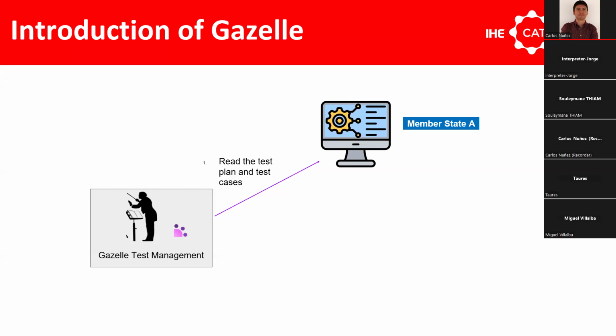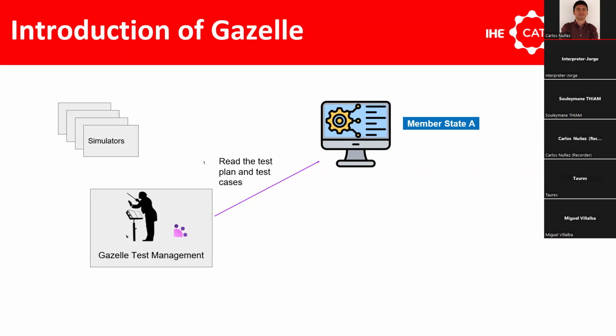The first thing to do for each member state is to get access to Gazelle and read the test plan. We have two test plans, the test plan for the preparatory and the test plan for the event. For each test plan, Gazelle will tell you which simulator you have to use to perform your test. Let's suppose, for example, you implement PDQm.